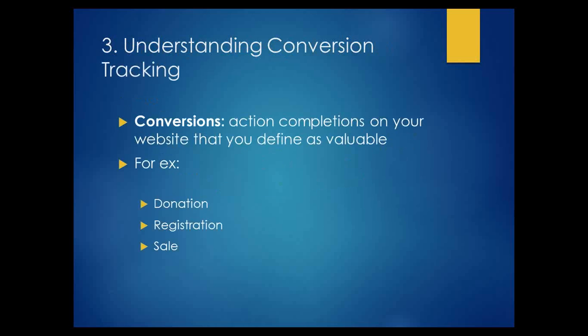Some very popular examples are a completed donation, or let's say someone registers for an event or signs up by email for something, right? They register for something. Or let's say you make a sale. So, if you sell goods or services, that could potentially be very valuable for your organization. So these are just examples of conversions. It's not limited to these things, but these are popular examples of conversions that you might want to track inside analytics.